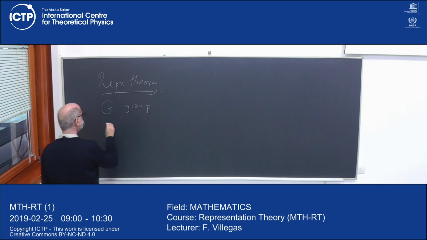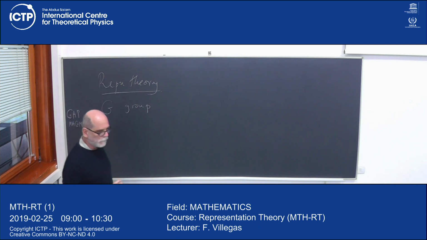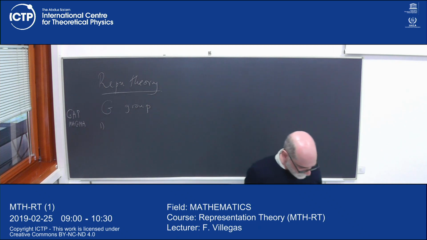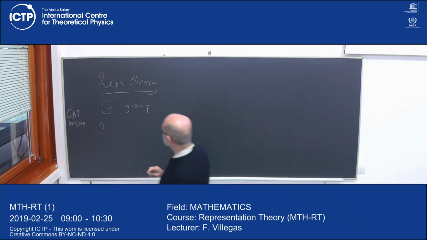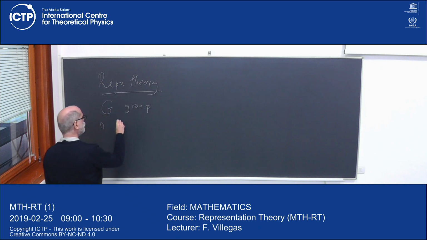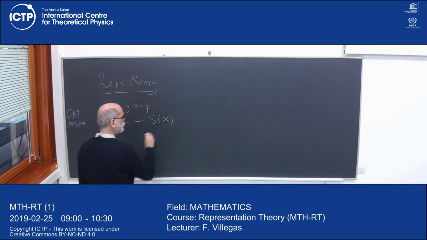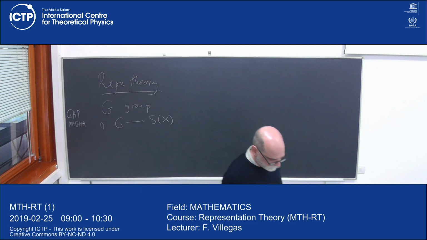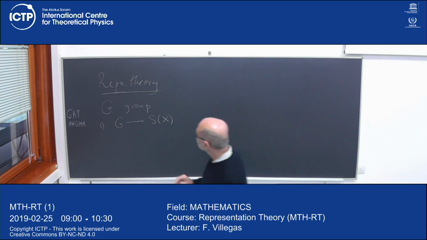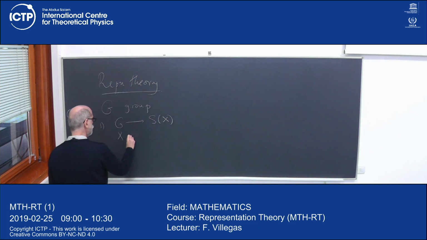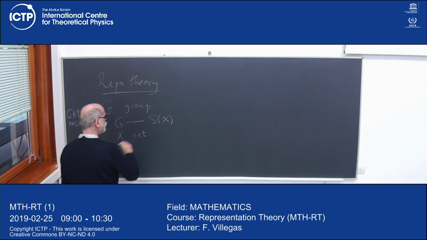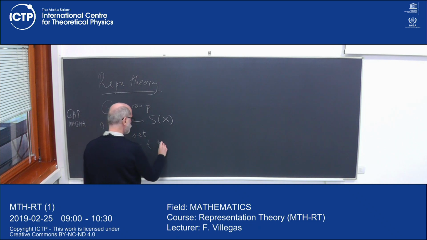So there are two things that we are going to consider. If you have a group, you can represent it as permutations of a set. So X is a set, and Sx is the group of permutations of the set itself.